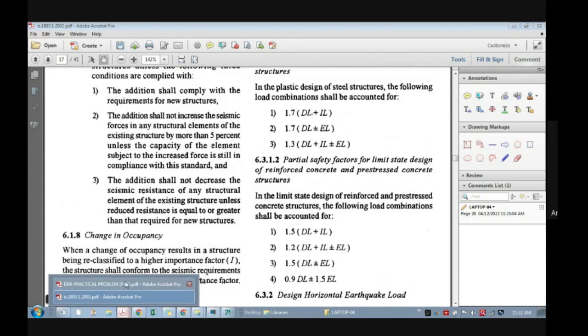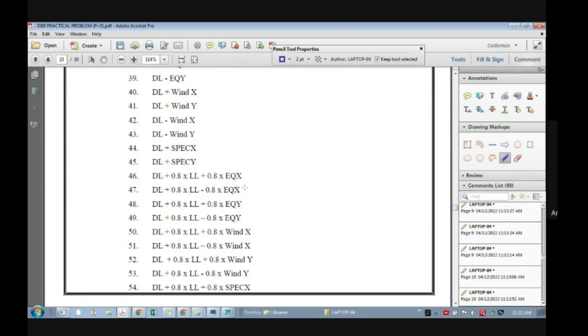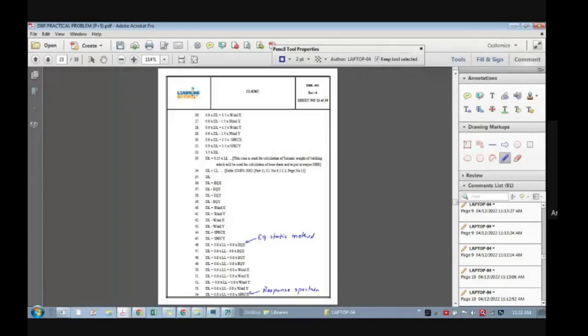One is the equivalent static method, this EQX, as per the IS code. And there is one more earthquake load, which is the response spectrum. We are also using wind load X and wind load Y. So these are the load combinations.